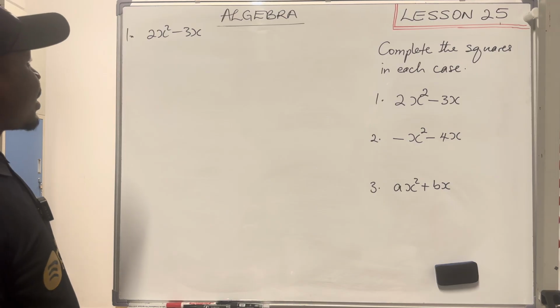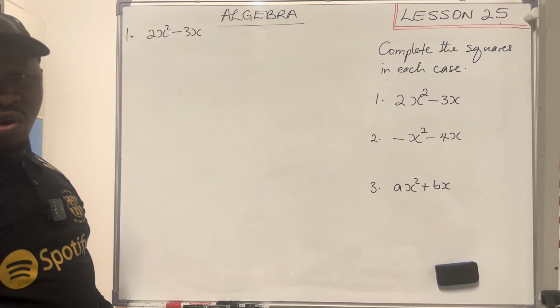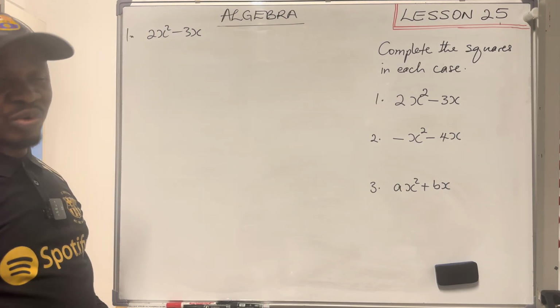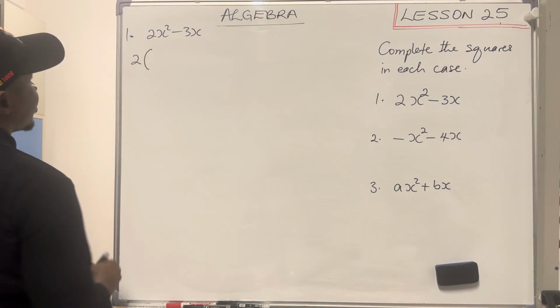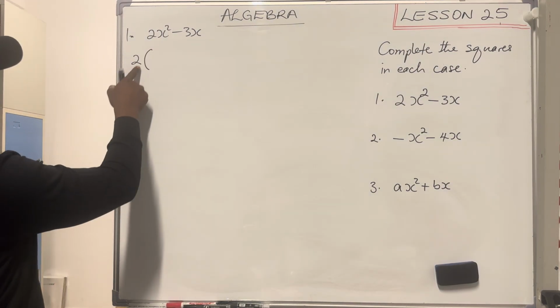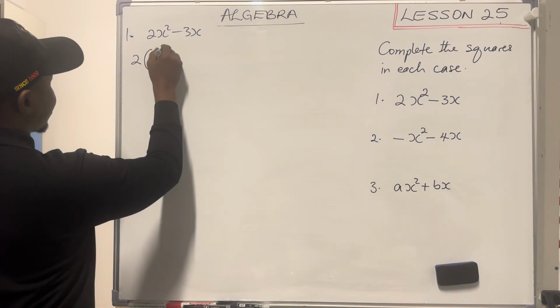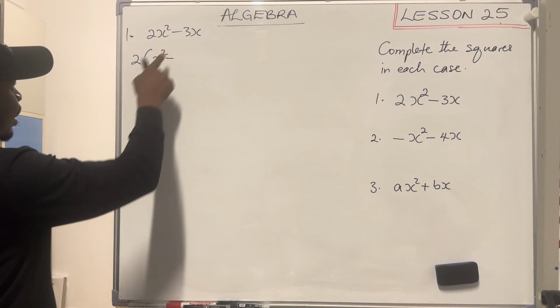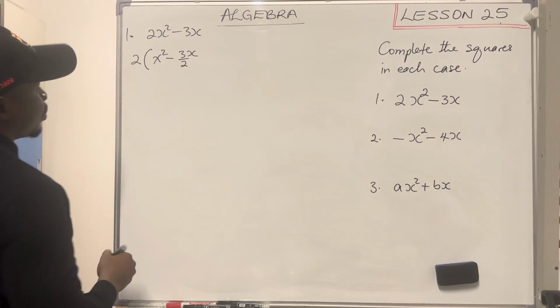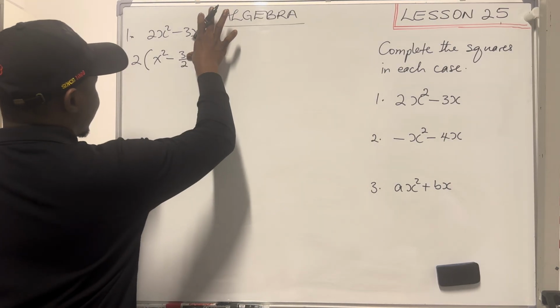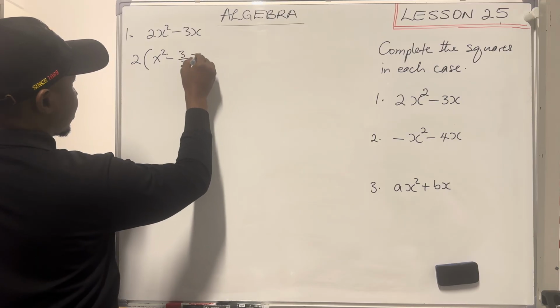Yeah, I know you may think that 2 is not common. So how can we factor it? But we can do it. So we send 2 outside. Once we send 2 outside, 2 takes away 2, leaving x squared. So now we say 3x over 2, meaning 3 over 2 x.